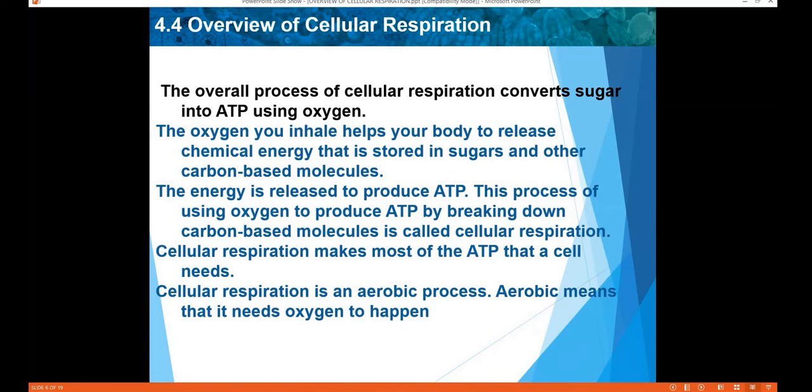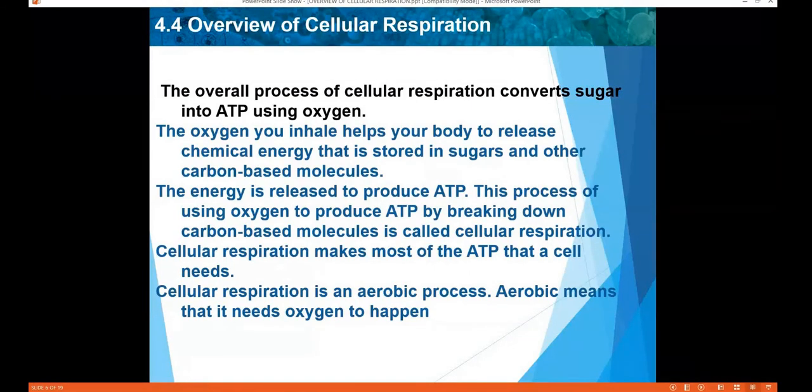Glycolysis occurs in the cytoplasm outside the mitochondria, and it doesn't need oxygen. In this step, the enzymes split the glucose into 2 three-carbon molecules and make 2 molecules of ATP. NADH is also released.